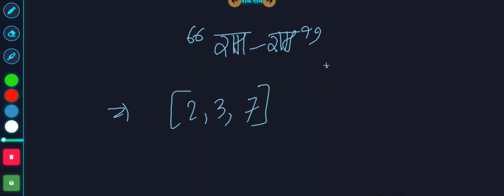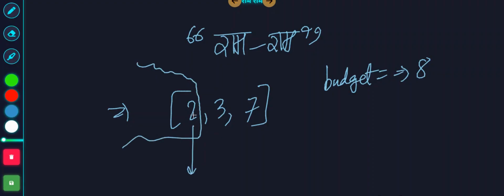So 2 3 7 is given to you, and the budget is, let's say, 8. If you only want to solve for this much part of the array, what is it? 2. Is 2 less than or equal to 8? Yes. So you don't have to remove any number, right? That's why the answer is 0.